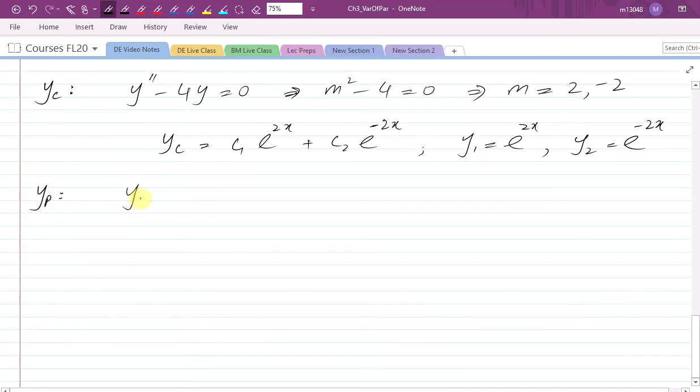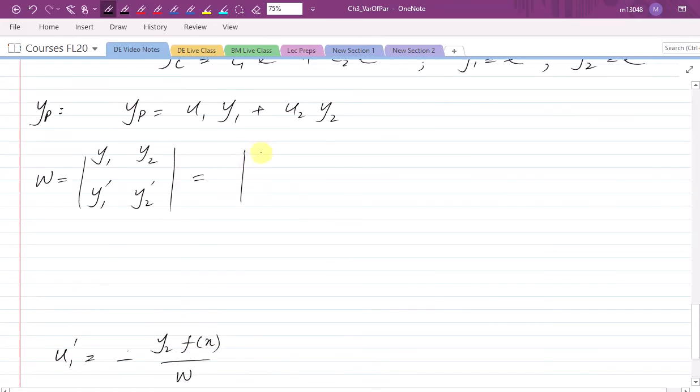For yp, we write first the expression u1 y1 plus u2 y2. We know already what y1 and y2 are. And then we start with the formula minus y2 f of x over w, but first of course we have to calculate w.